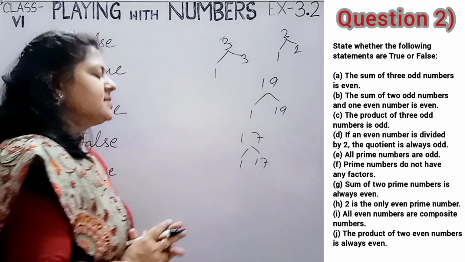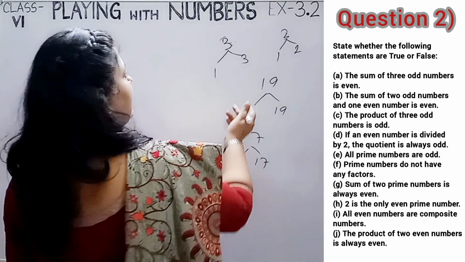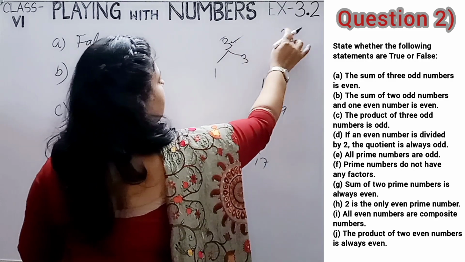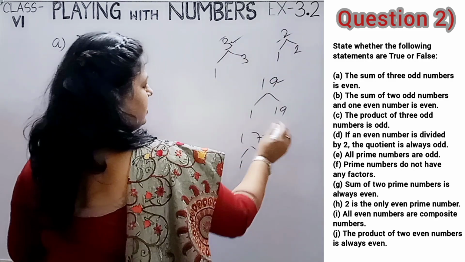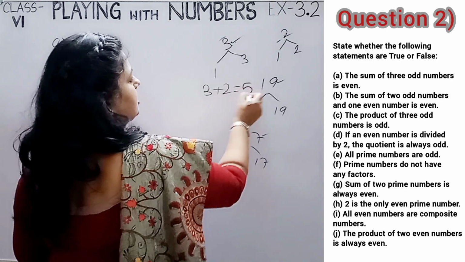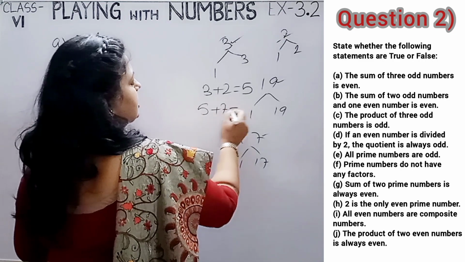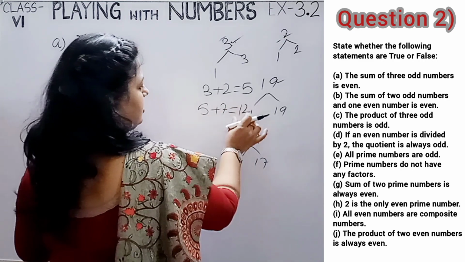Next part, G. Sum of 2 prime numbers is always even. If we add any 2 prime number, 5 and 7 are prime number, result is even.